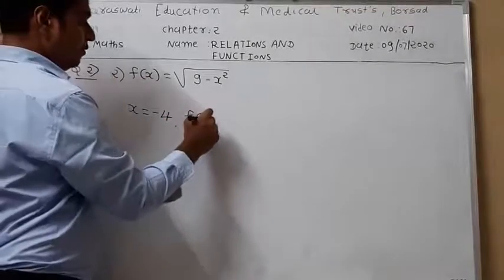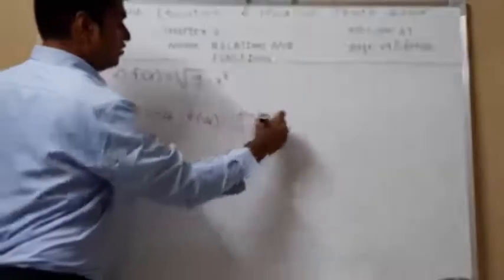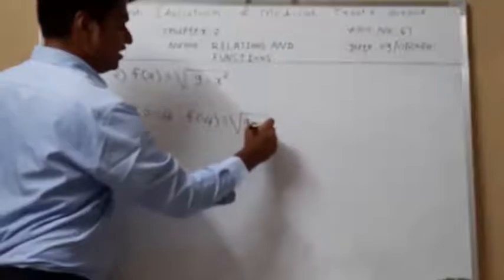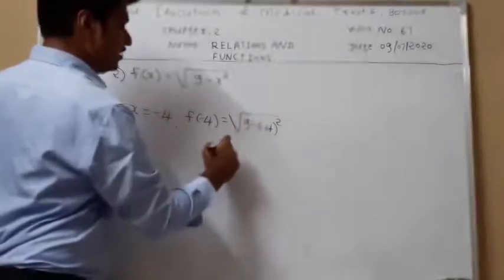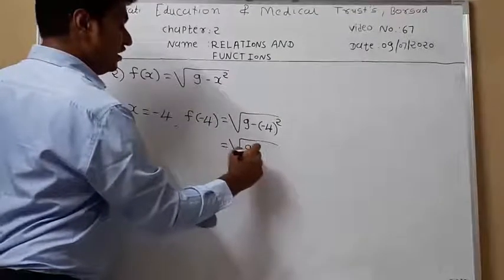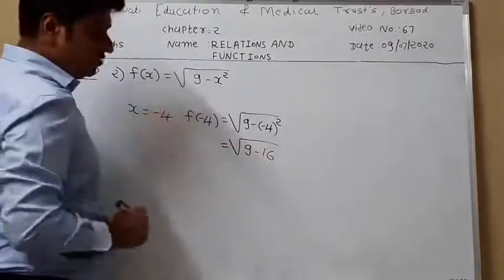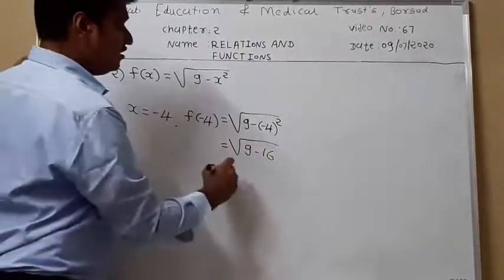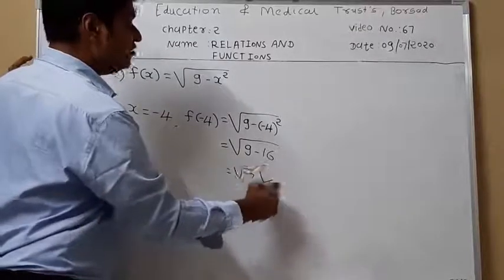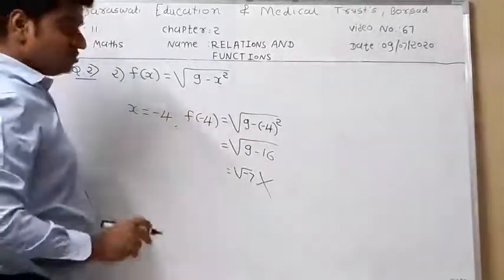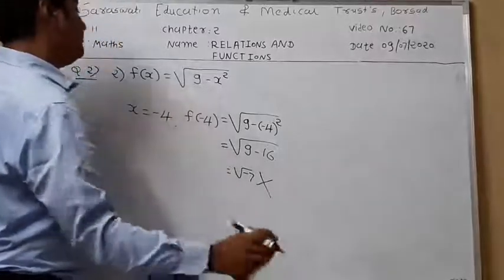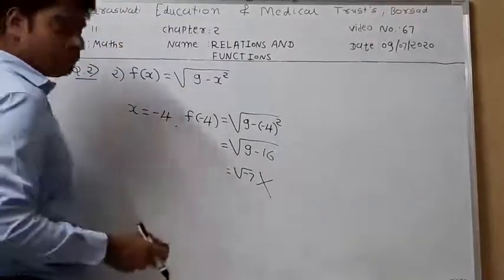Now f of minus 4 is under root 9 minus bracket minus 4 whole square, that means under root 9 minus 16, that means under root minus 7. This term is not possible, so here we cannot consider minus 4.